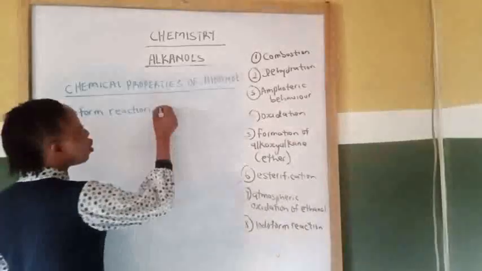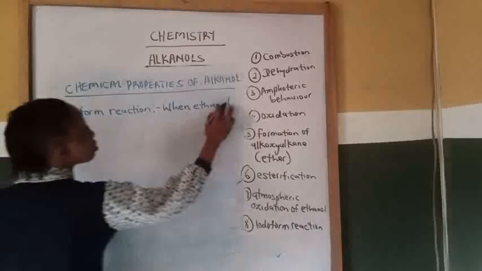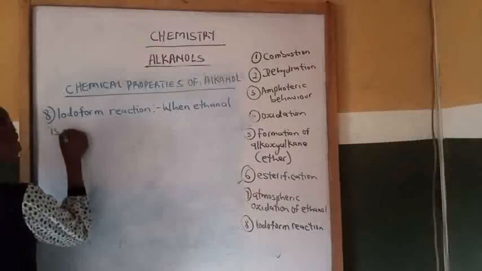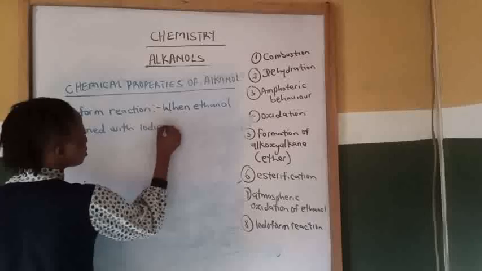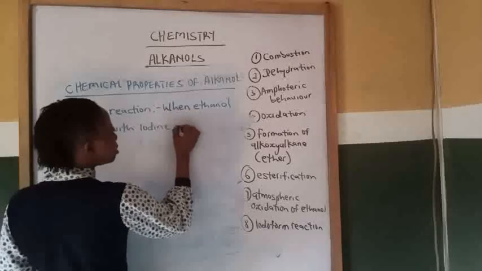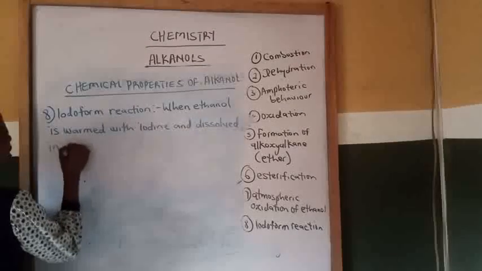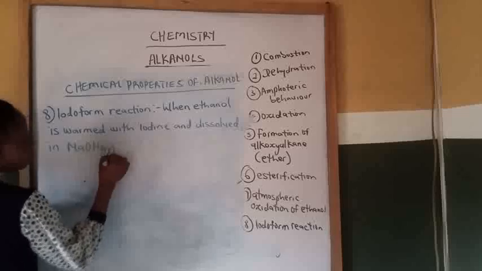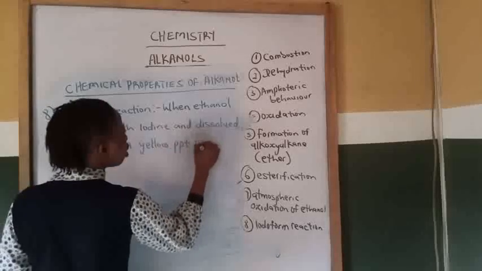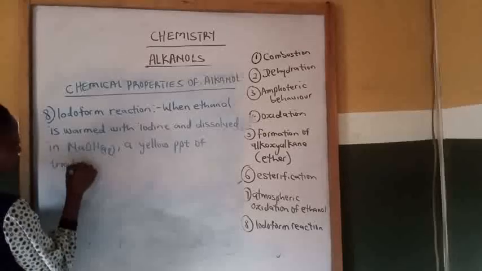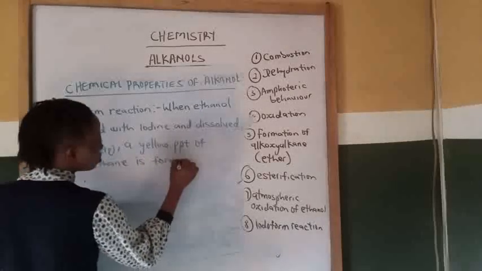When ethanol is warmed with iodine and dissolved in aqueous sodium hydroxide, a yellow precipitate of triiodomethane is formed.